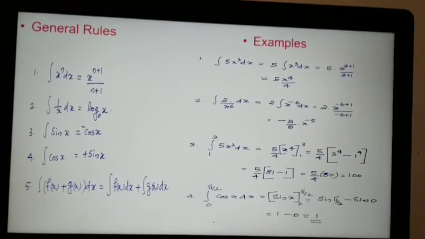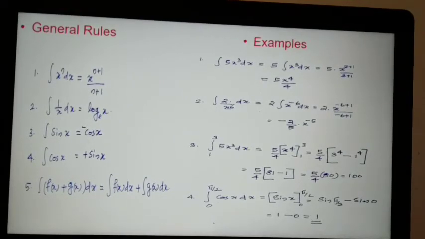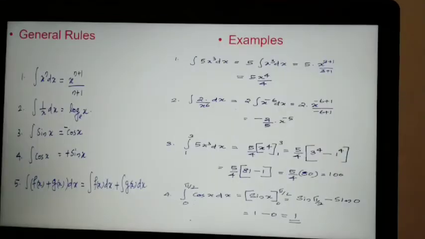The first example is integral 5x cube dx. Here x cube is a function of x, and you are integrating with respect to dx. And 5 is a constant, so the last rule I explained to you can be used there.